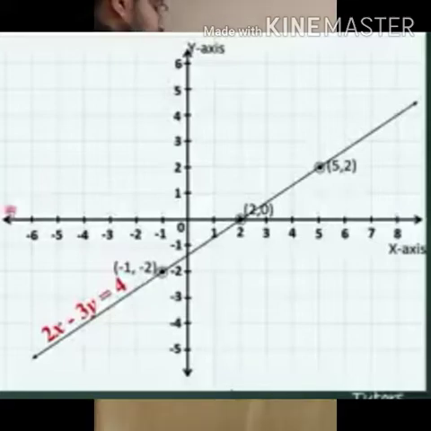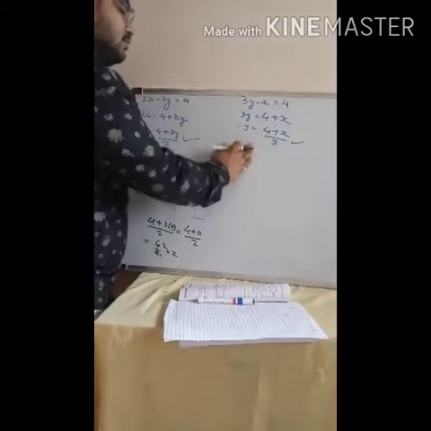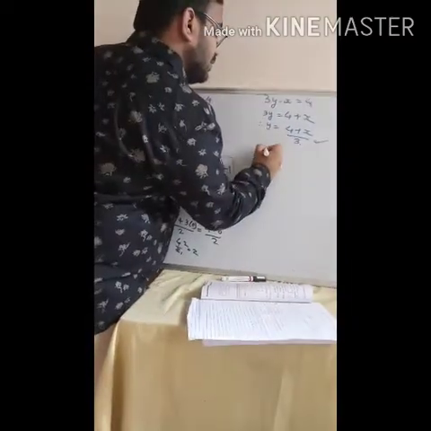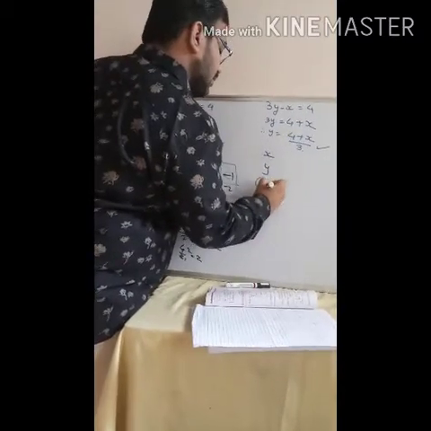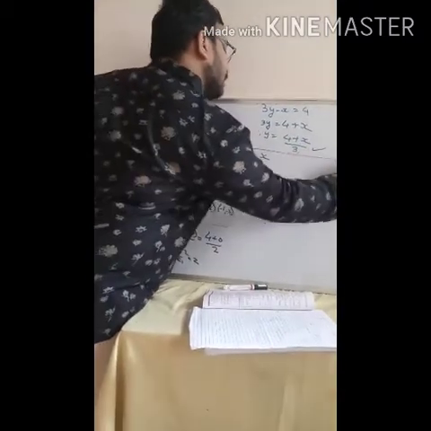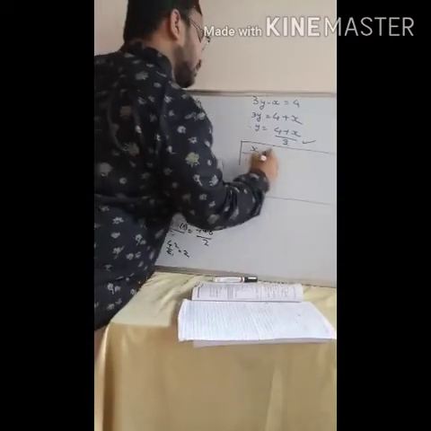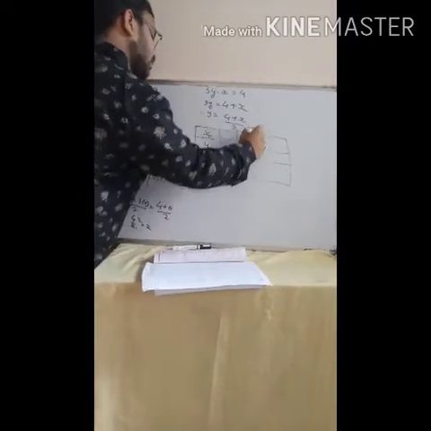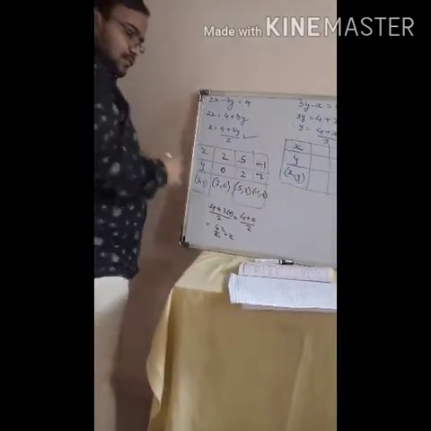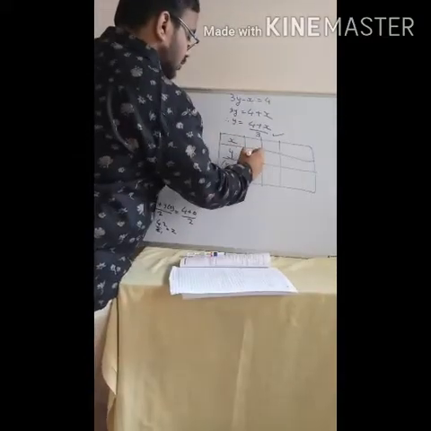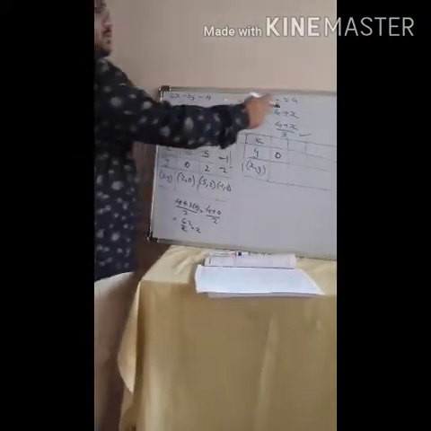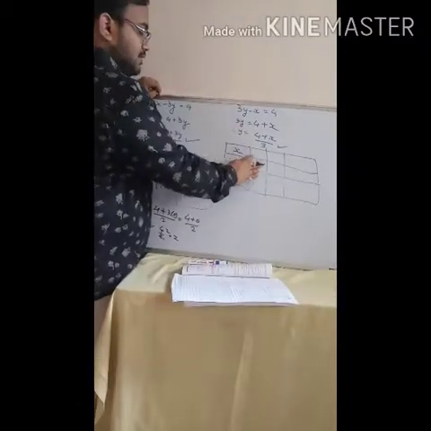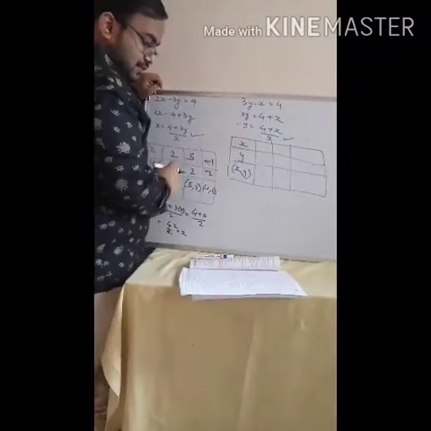Here, same. Find the ordered pairs, x, y. If we take y as 0, 4 plus 0, sorry, you have to take the value of x first.